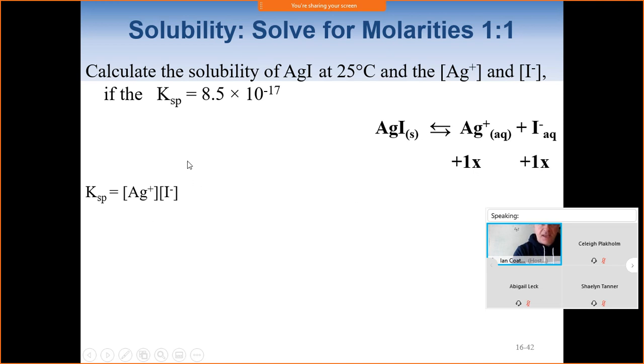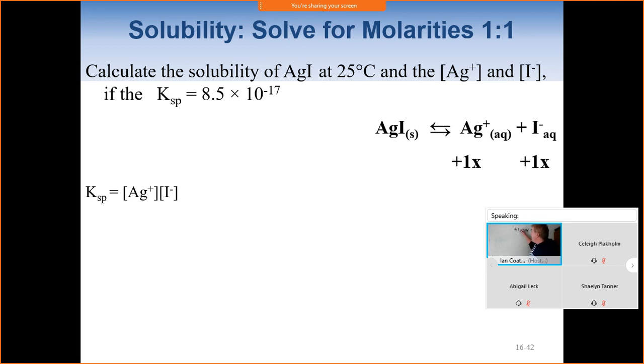So here's your KSP equation. Remember, it's products over reactants. So you have your AgI produces Ag plus and I negative.